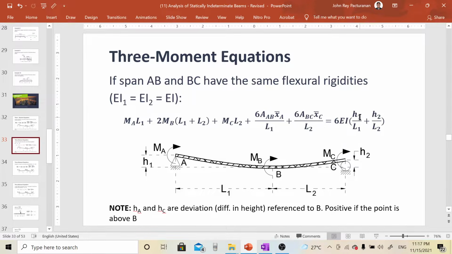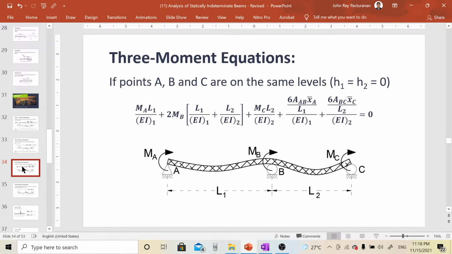As I explained earlier, for the sign convention of H1 and H2, when they are above the middle point, they are positive. The sign convention of the moments, I will discuss in the next video when we solve problems. Okay? So next, another special case. What if there is really no deviation?